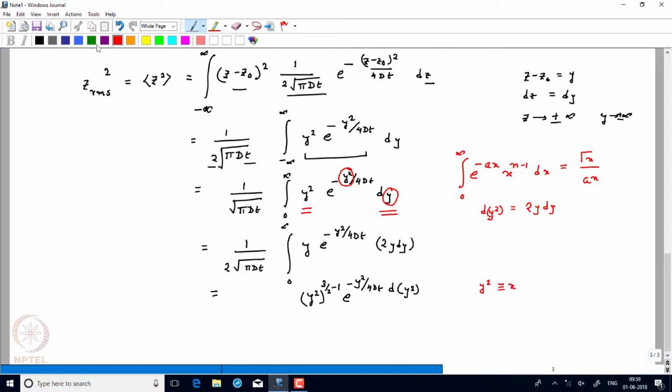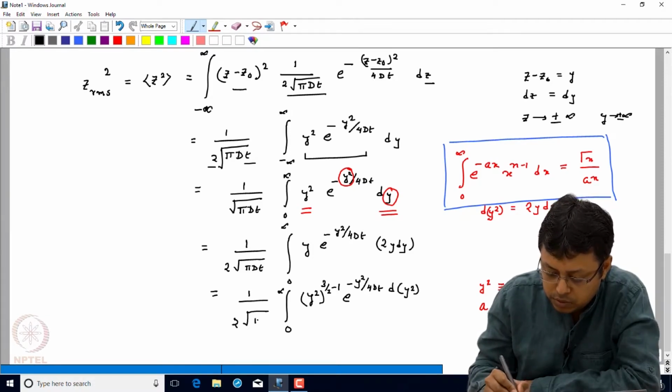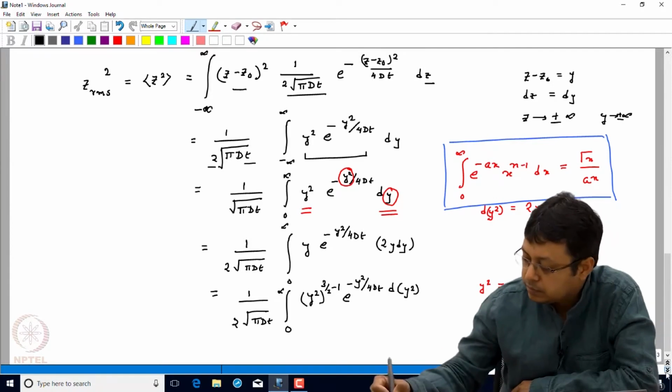You look at this form of this gamma function. So the variable x is basically y square in our equation, and the constant a is nothing but 1 over 4 dt. So you can easily figure out the value of the gamma function. So there is an integral 0 to infinity, and the constant 1 over 2 square root of pi dt.